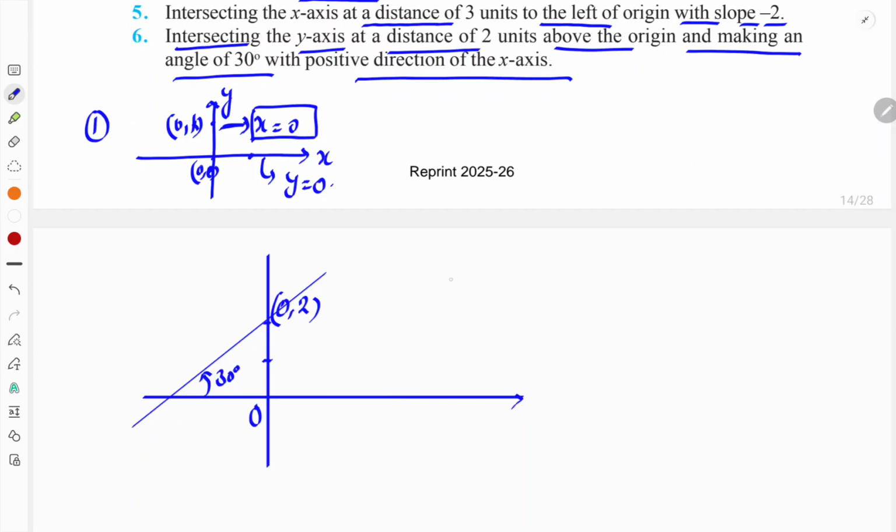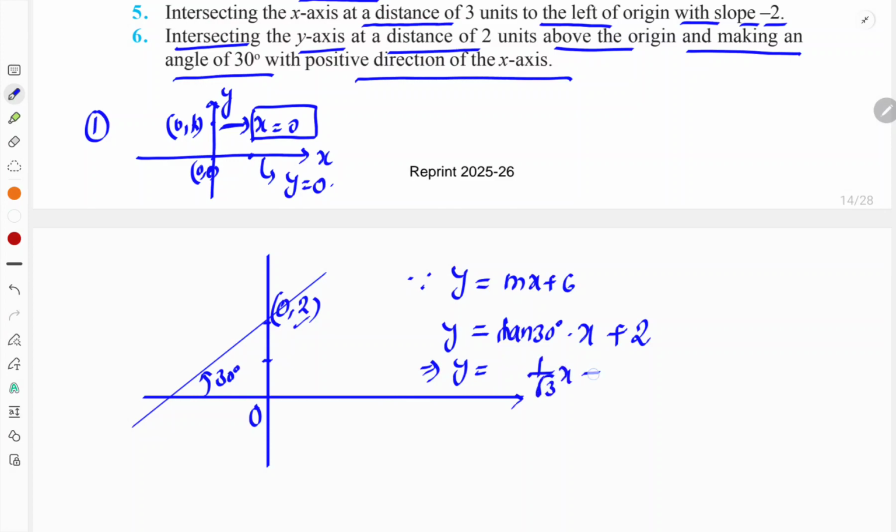You know that the equation of a line in slope-intercept form is y equals mx plus c. We'll use this one. c is the y-intercept, 2, and m is tan 30 degrees. So y equals tan 30 degrees times x plus 2. We get y equals 1 by root 3 x plus 2.